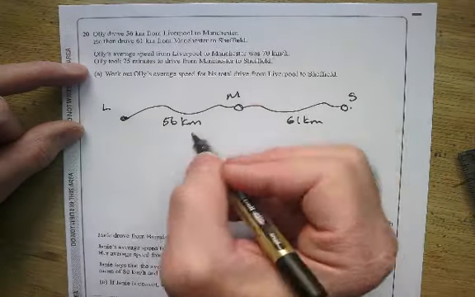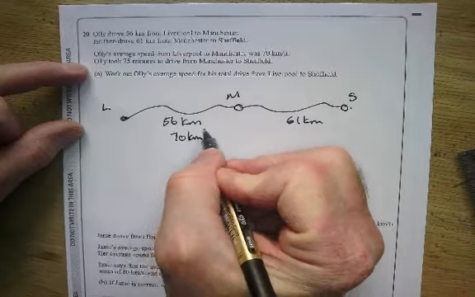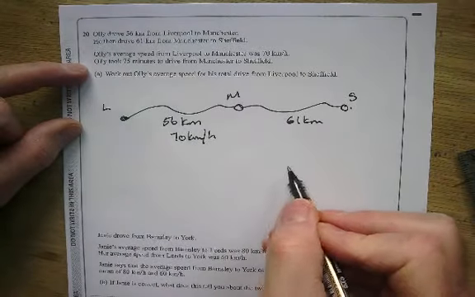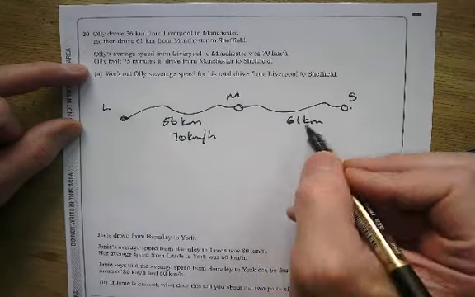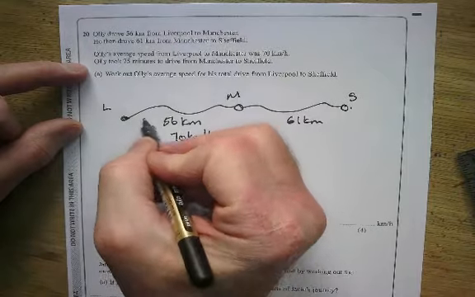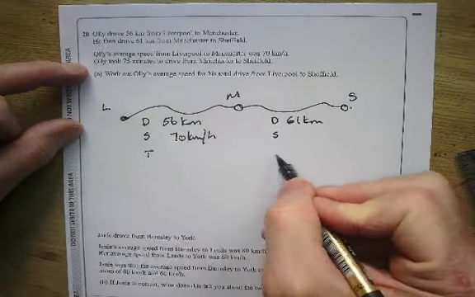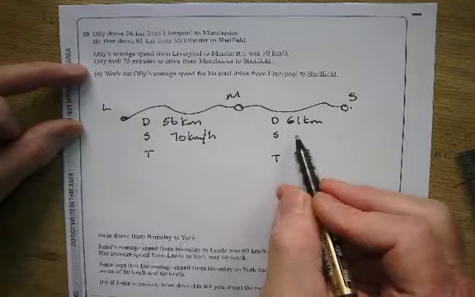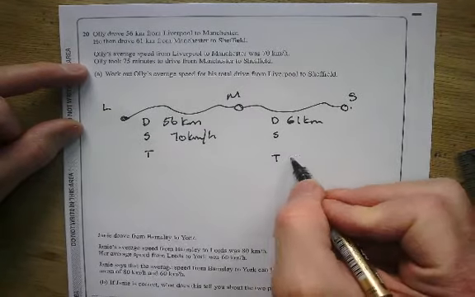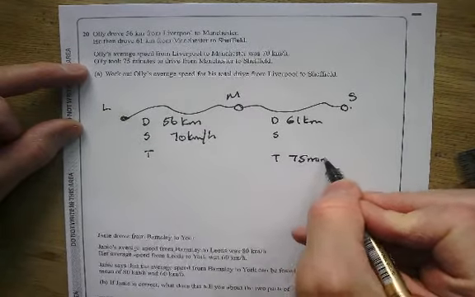Ollie's average speed here was 70 kilometres per hour, and it took 75 minutes. So let's just do this. That's our distance, that's our speed, and there's our time. That's our distance, that's our speed, and that's our time. I don't know the speed here, but it says it took 75 minutes.